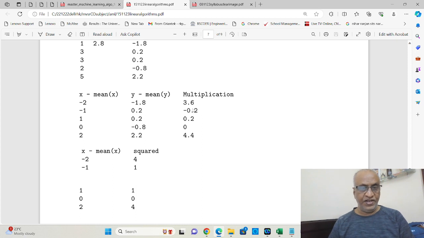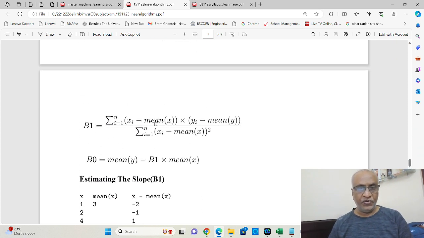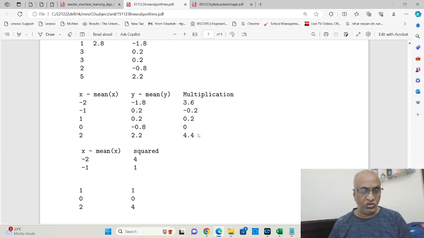Once we multiply all of them, we get this term, and below it the denominator term is x minus mean of x, squared. So x minus mean of x will be this much: minus 2, minus 1, 0, 1, 2.